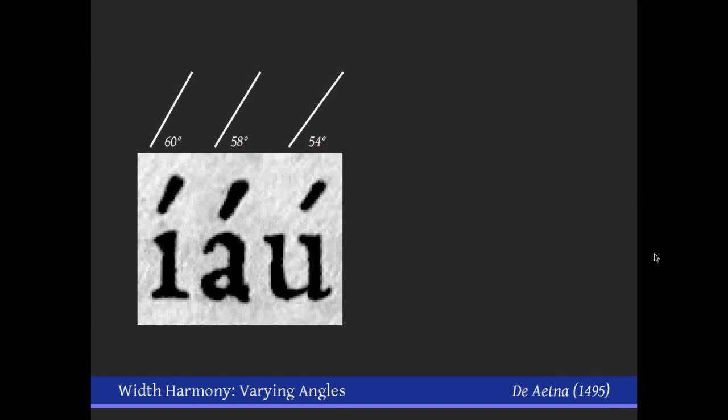And if you look through the book, the type is hand cut, and so there is some variation of this, but there is a general trend that the diacritics over the thin letters, like the I, are more upright than those over the wider letters. Now, these were cut as single pieces, so that the I acute was one piece of type, the A acute was one piece of type. So they had the flexibility to adjust.